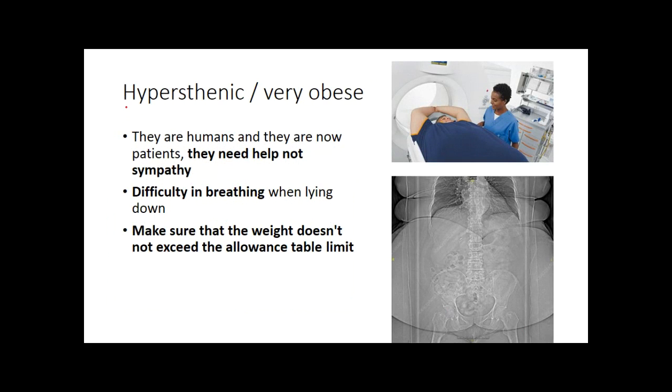With a hypersthenic or very obese patient, very large patient, first things first, they are humans. Don't look at them in a disgusted way. Okay? What they need is your help. They don't need your sympathy.